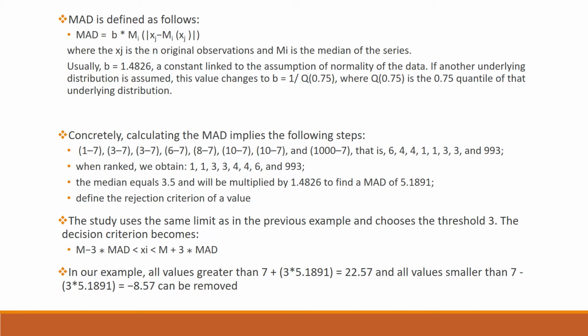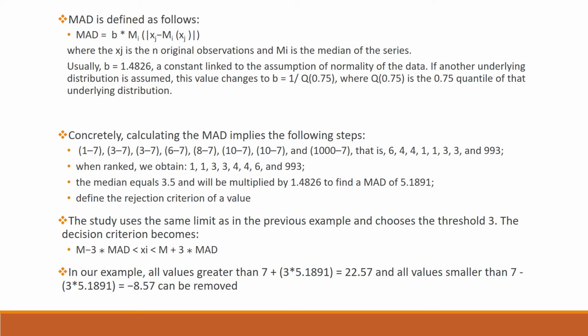So the series in which the median is subtracted from each observation becomes the series of absolute values. We had the series 1, 3, 3, 6, 8, 10, 10, and 1000, and we had the median 7. We are subtracting 7 from each, and then we will have the absolute values, that is 6, 4, 4, 1, 1, 3, 3, and 993.